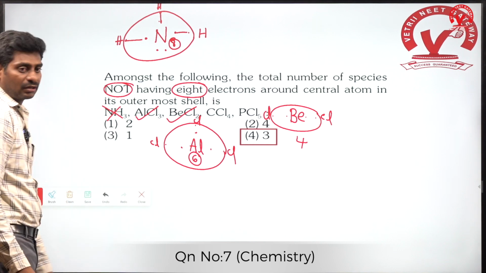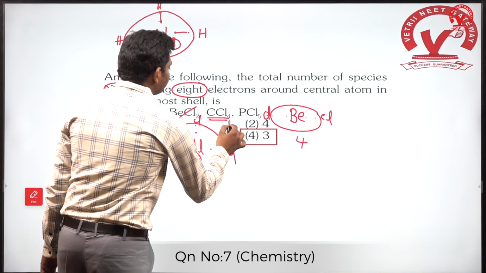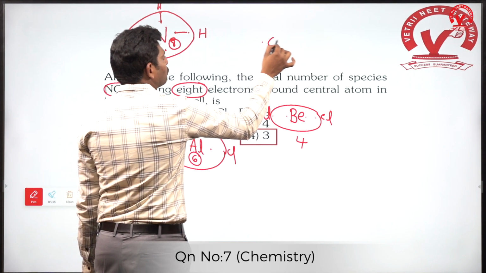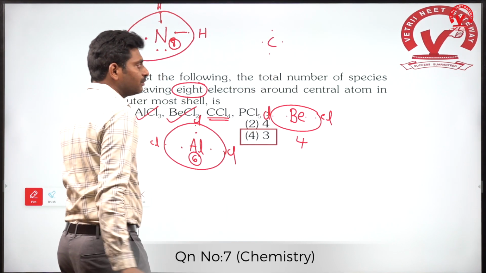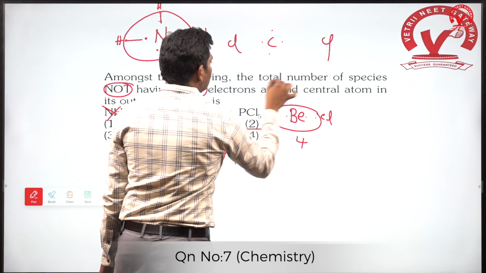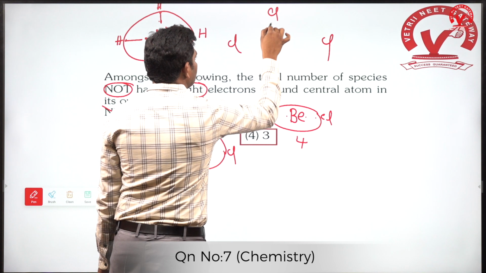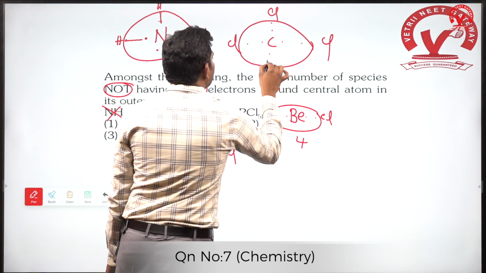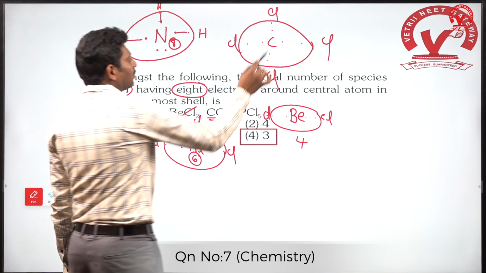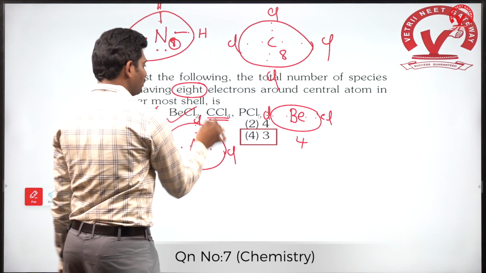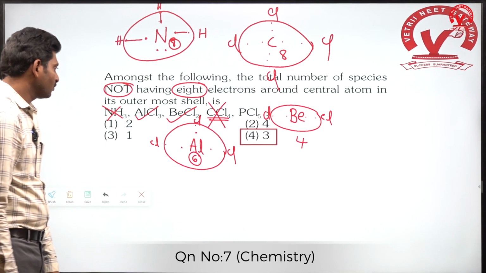Coming to CCl4, carbon is in the fourth group, so it has 4 valence electrons. It is surrounded by 4 chlorines, each mutually shared. So this carbon has 1, 2, 3, 4, 5, 6, 7, 8. It has 8 electrons.